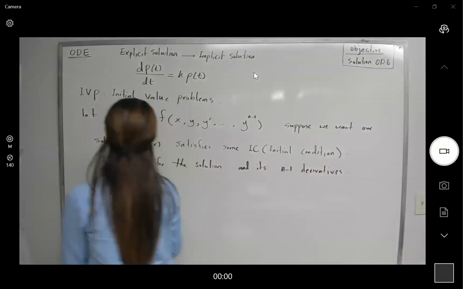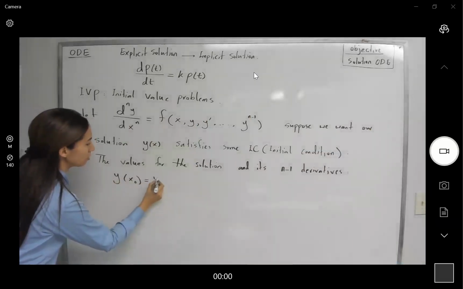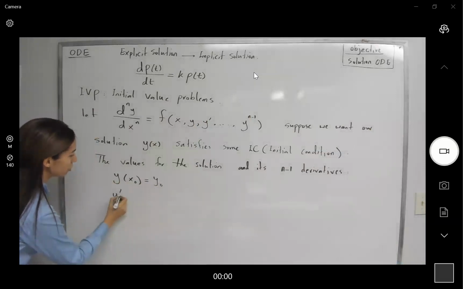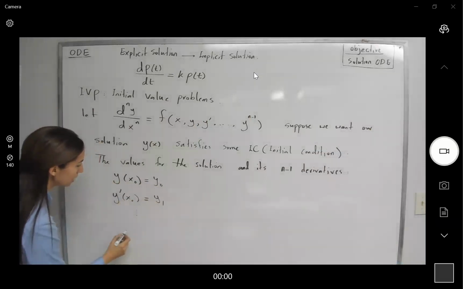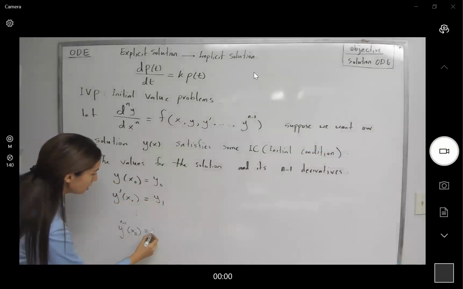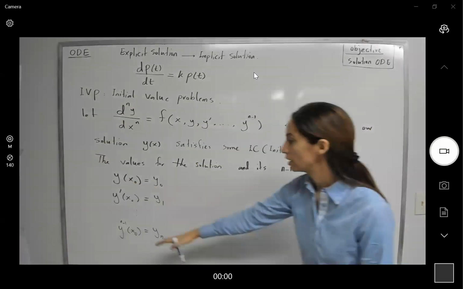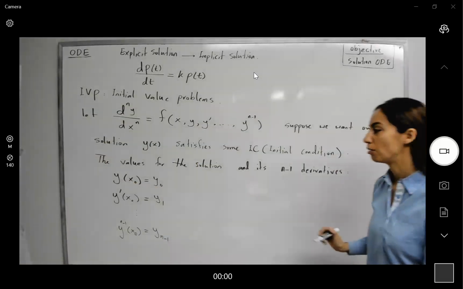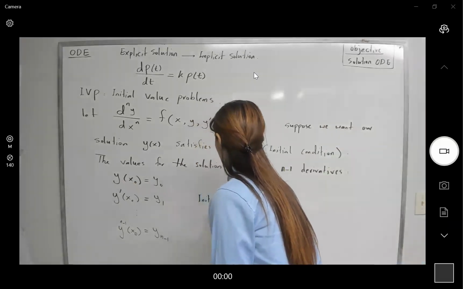which can be written this way: y at x sub 0 equals y sub 0. The first derivative at x sub 0 is equal to y sub 1, and the n minus 1 derivative at x sub 0 is equal to y sub n minus 1. These constants, these numbers, form the initial condition.